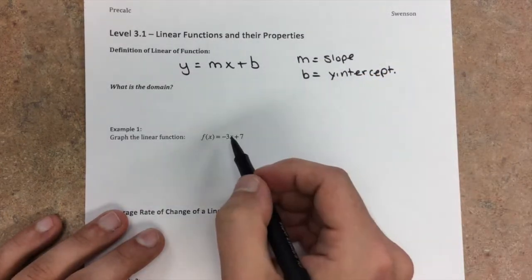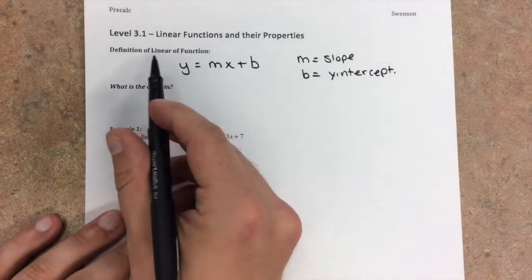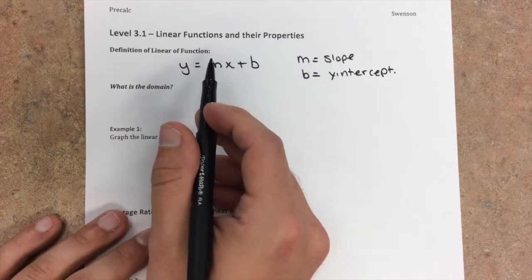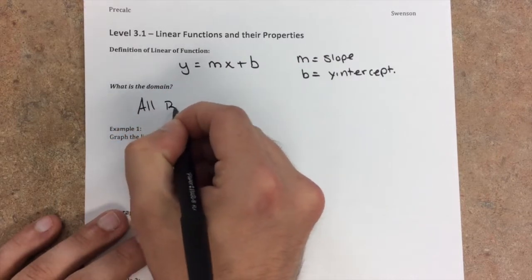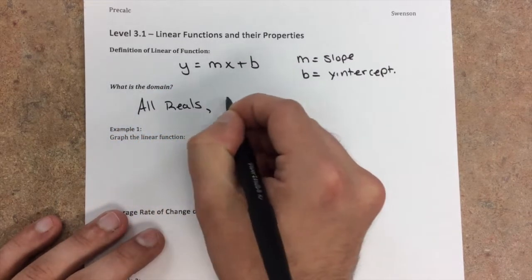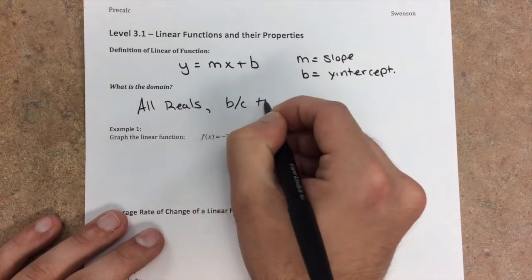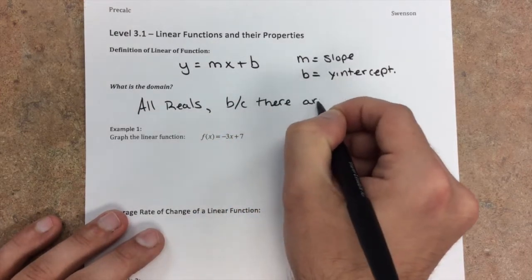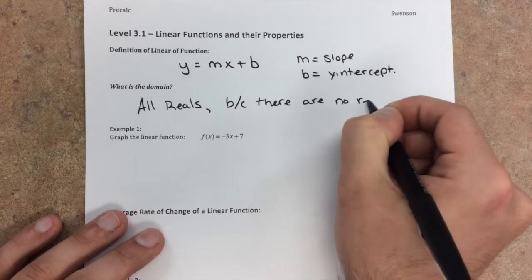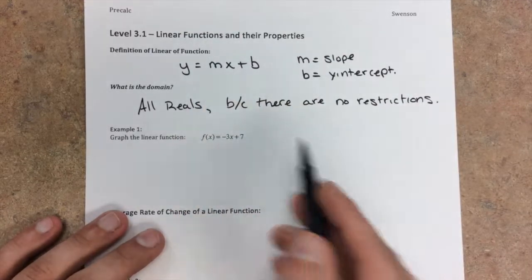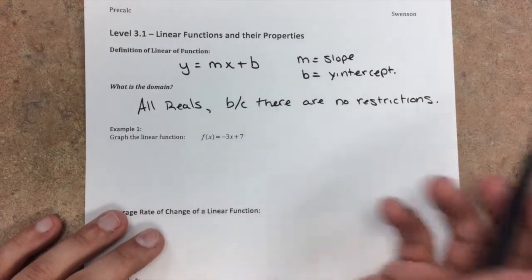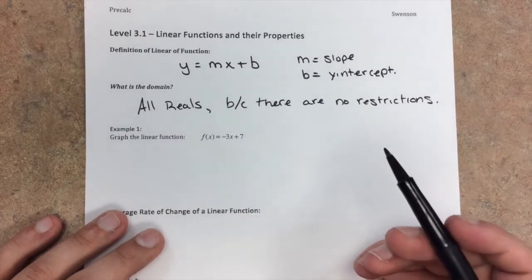The nice thing about linear functions, and in fact all polynomials, is that the domain will always be all reals, because there are no restrictions. That means there's nothing we can plug into our linear function that gives a bad answer.